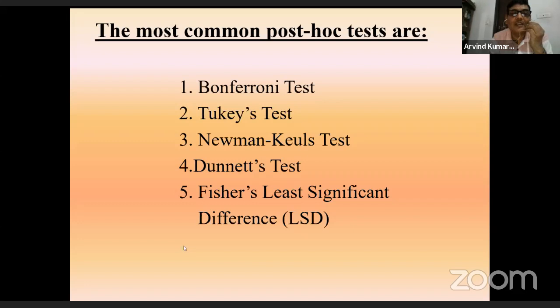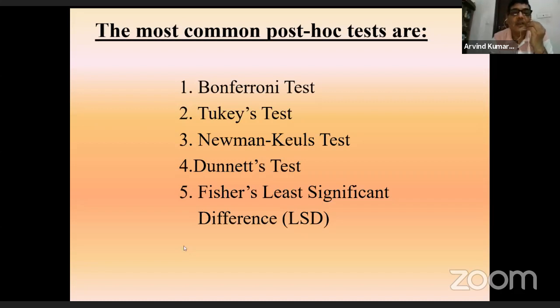So these are the statistical tools which are available in SPSS or in social science statistics. That is another one which is different from SPSS. And there are other tools also.